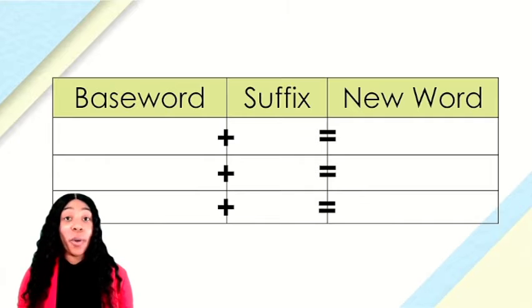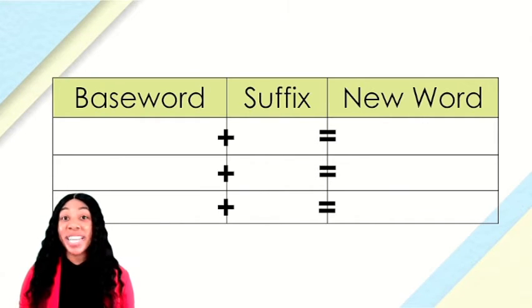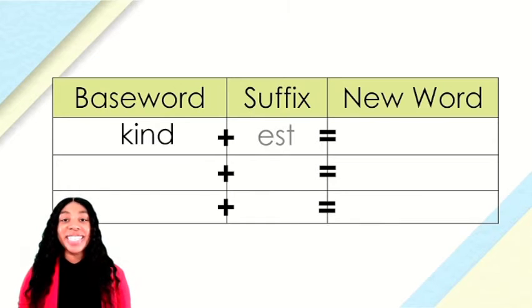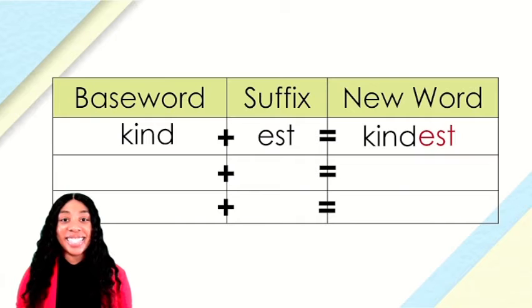All right, go ahead and get your paper and pencil ready. It is time to write down words that we build. Let's go. The first base word is kind. The suffix is est. If we put the base word kind together with the suffix est, what new word do we make? Kindest.